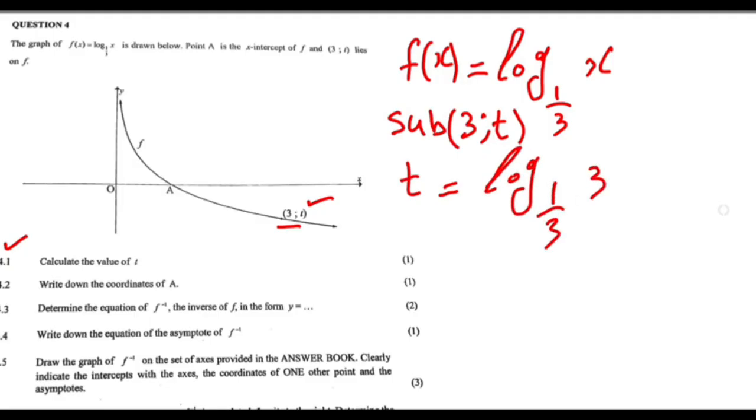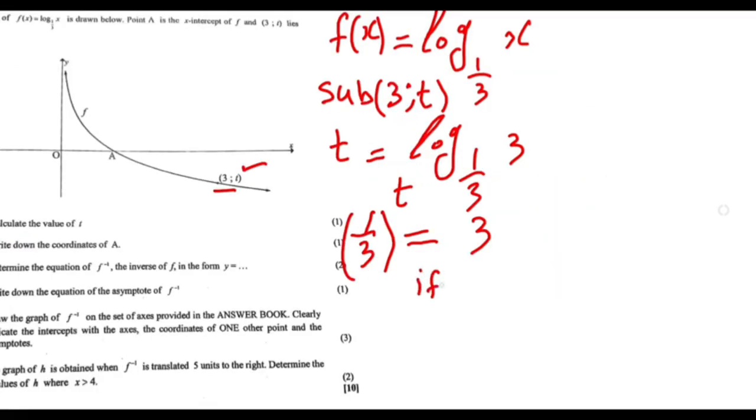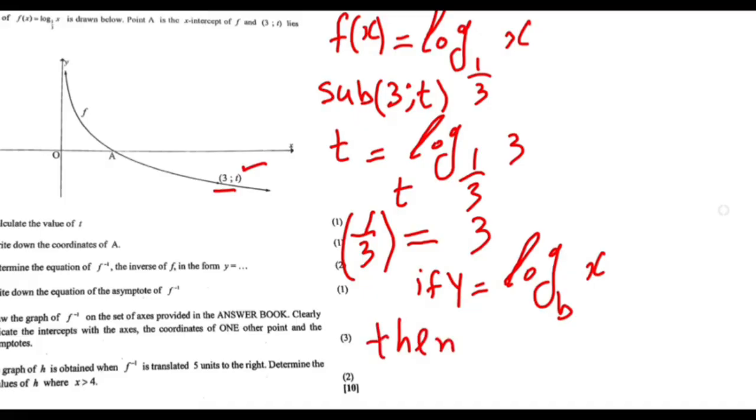So now rewrite the logarithm equation in exponential form. Remember, we're using this formula: if y is equal to log of x to the base b, then x is equal to b to the power y.